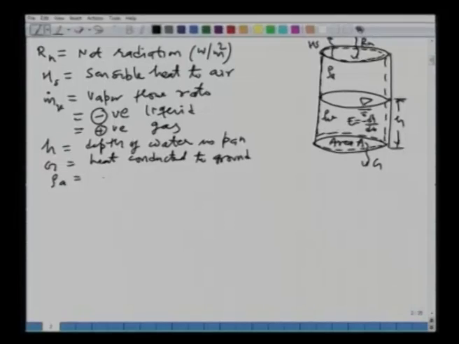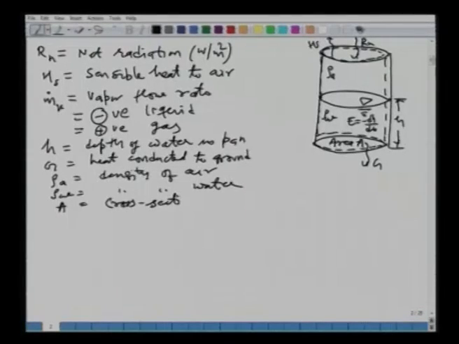Let us define rho_a as the density of air. We have done that earlier. Rho_w as the density of water. Capital A we have said is the cross sectional area of the pan.